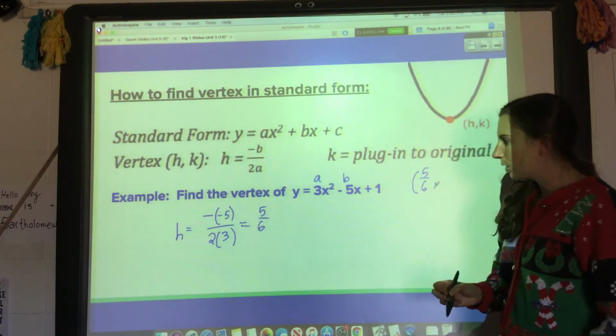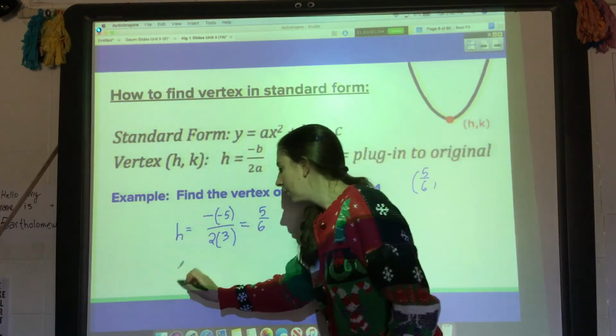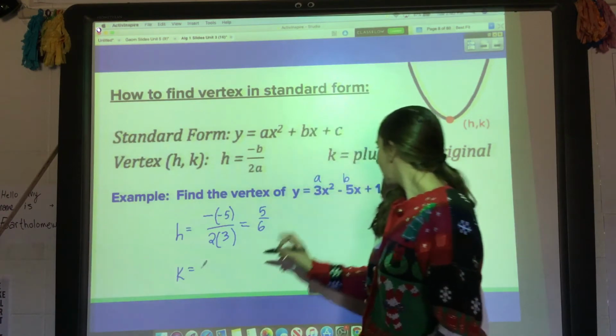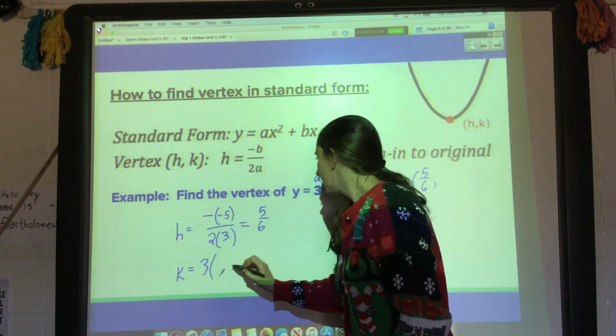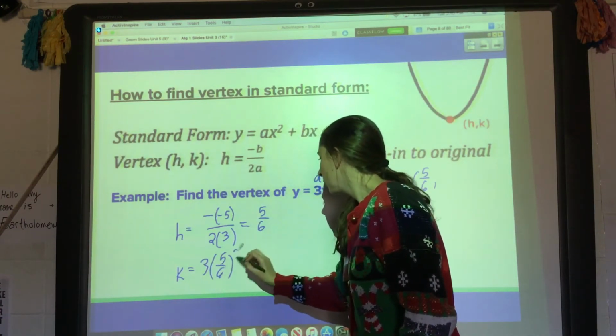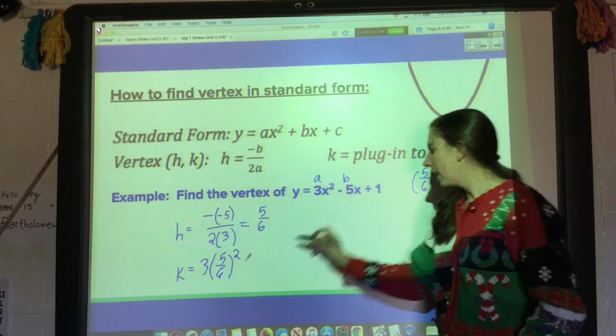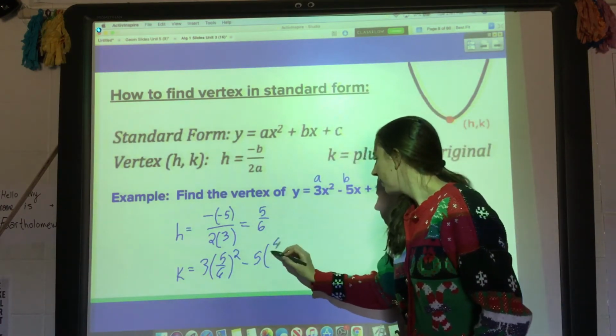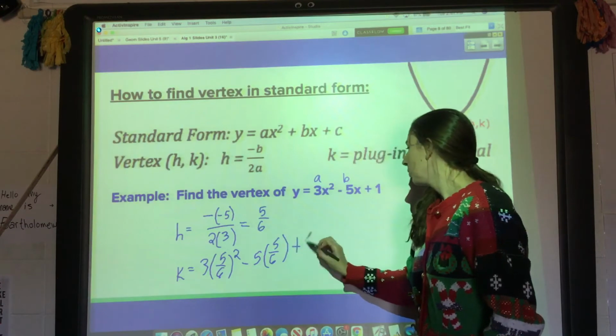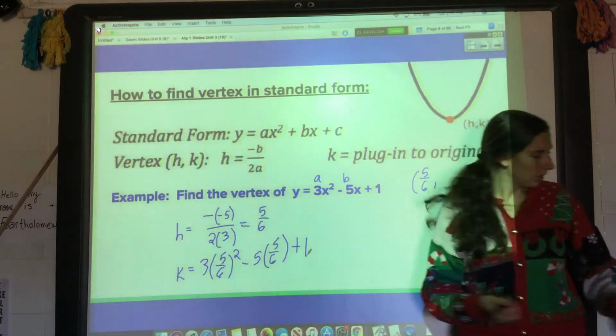To find the y coordinate, you just plug it in. We call that k. And so I'm going to do 3 times 5/6 squared minus 5 times 5/6 plus 1. So just replace those x's with 5/6.